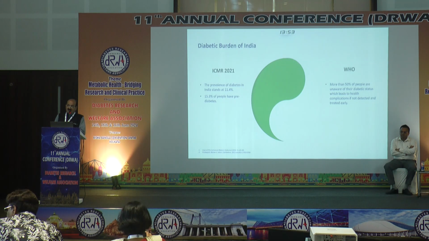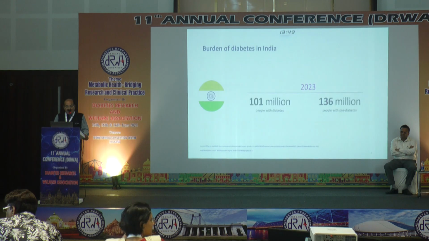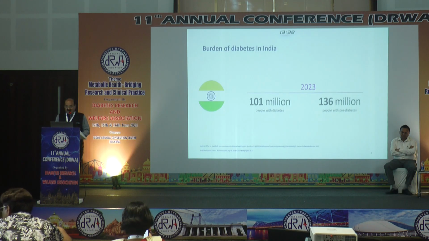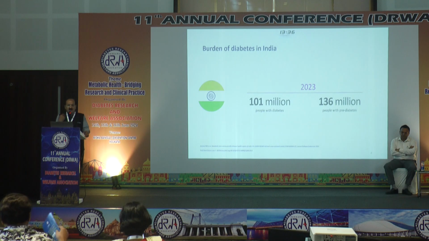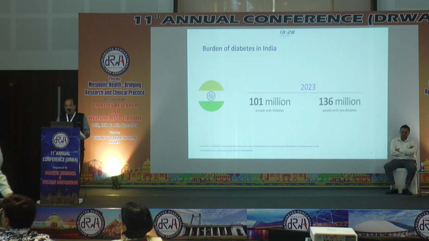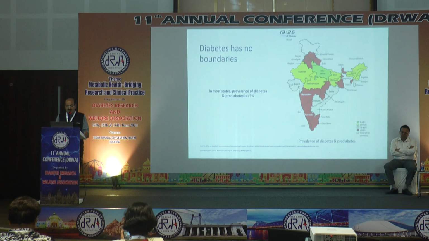So it is like a situation where you are sitting on a time bomb, with almost 101 million known diabetics and 136 million pre-diabetes patients who are likely to get converted to type 2 diabetes over the next 5 to 10 years. Even if you talk about a conversion as low as 20 to 25%, you may imagine the huge amount of burden which is going to come over the next 10 years.